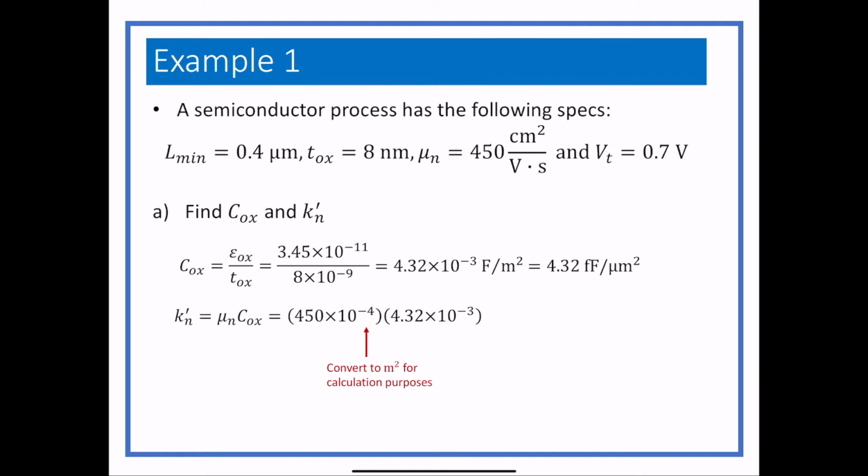That ends up with large exponents for both, and so putting it in meters squared is a little easier. So we get 194 times 10 to the minus 6 amps per volt squared, and we can change that to 194 microamps per volt squared. And that's a pretty typical value. The process parameter is generally rather small.